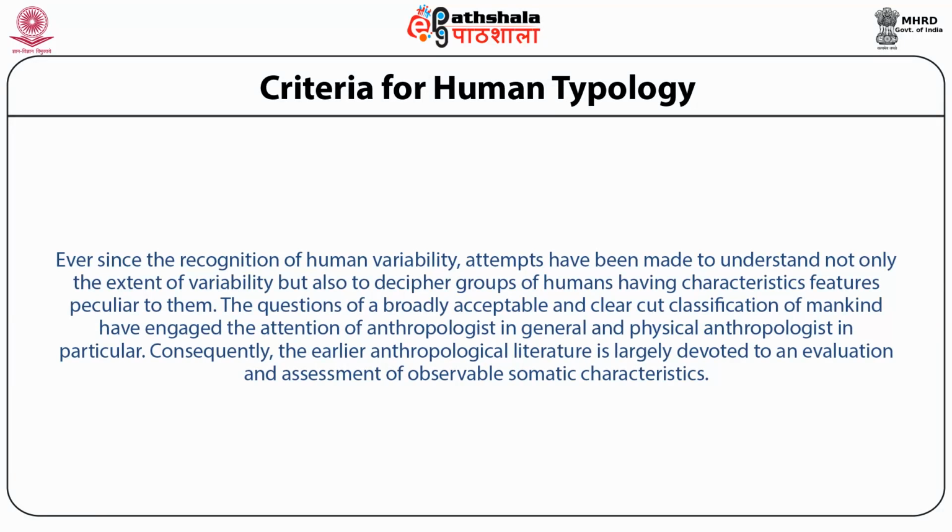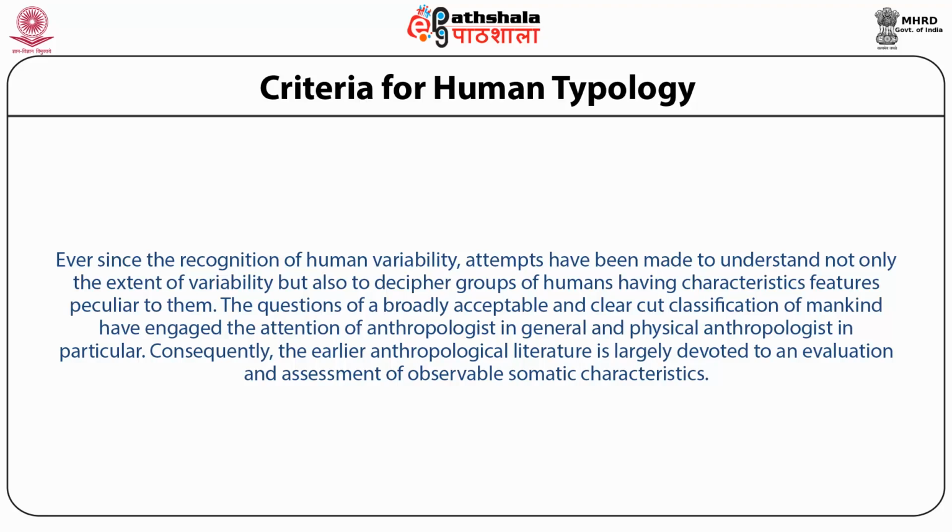Ever since the recognition of human variability, attempts have been made to understand not only the extent of variability but also to decipher groups of humans having characteristic features peculiar to them. The question of a broadly acceptable and clear-cut classification of mankind has engaged the attention of anthropologists in general and physical anthropologists in particular.